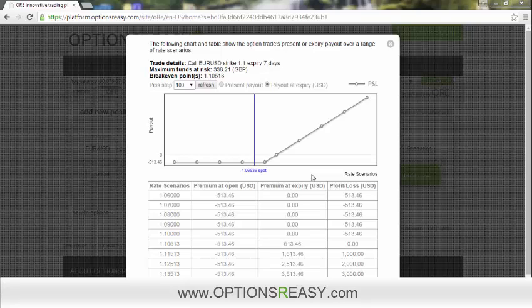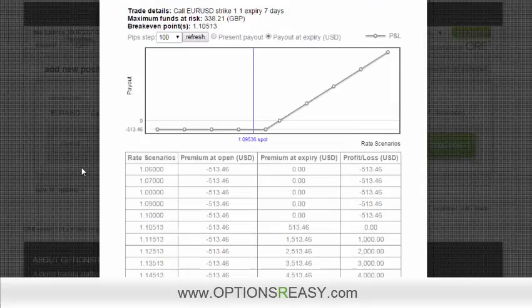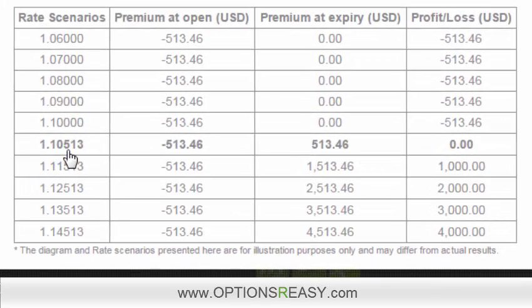Now because the option strike is at 110, when the market rate is above 110, the option will pay out. And so you can see here at market rate of 110.51, the market is 51 pips above our strike of 110, then the payout is around $510 US.